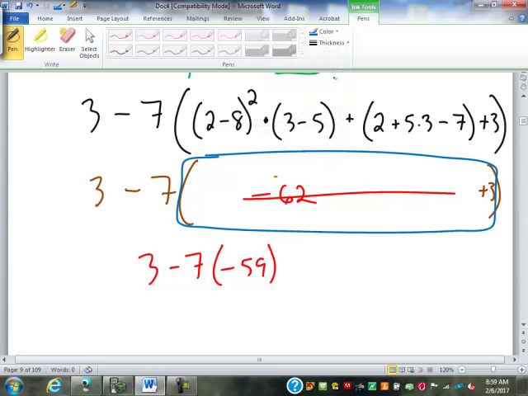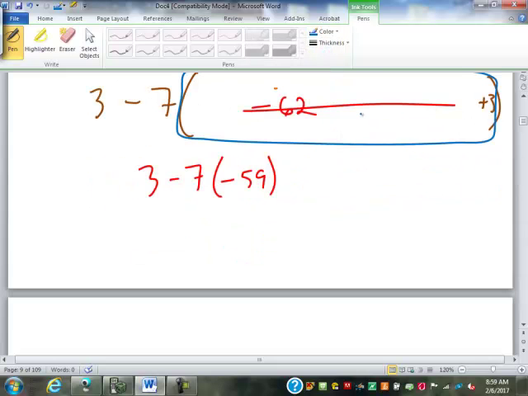So now what? So we got 7 times -59, which is, well, we're reading this as a positive 7 right now. This is one where it might be easier to change it like this. I'm going to do it both ways.